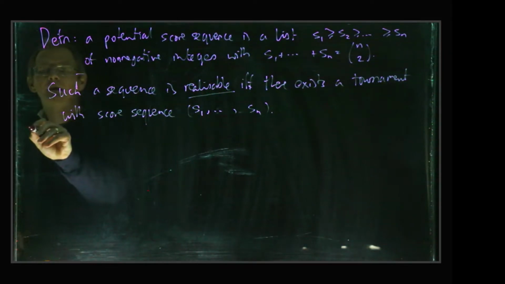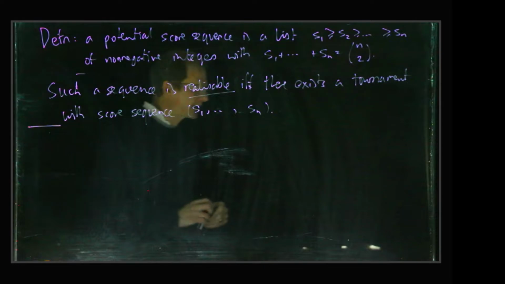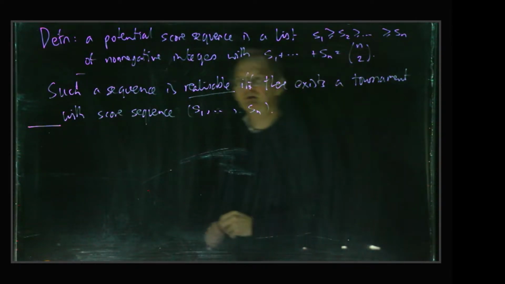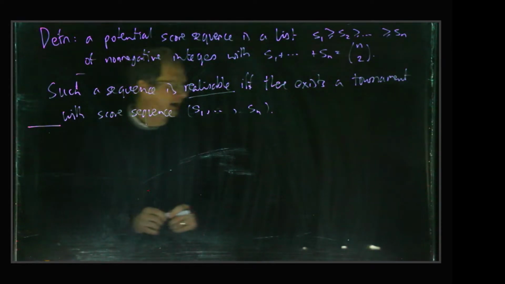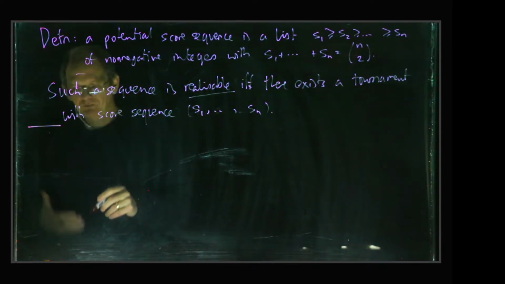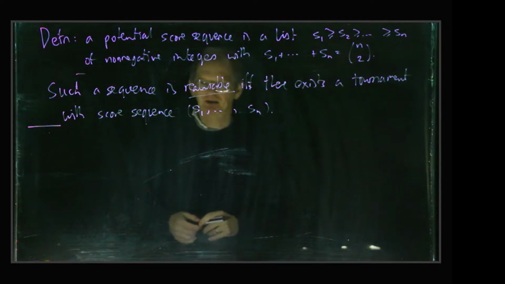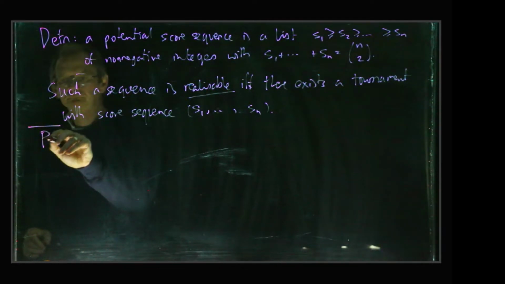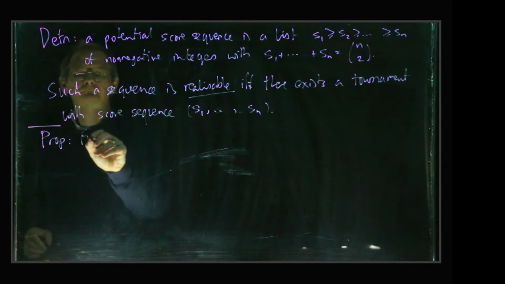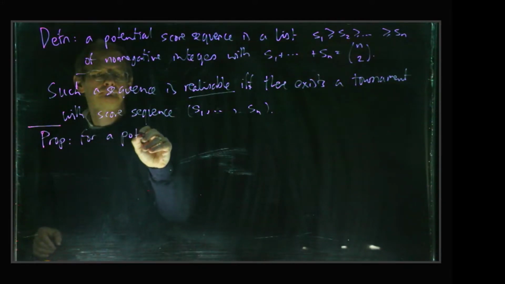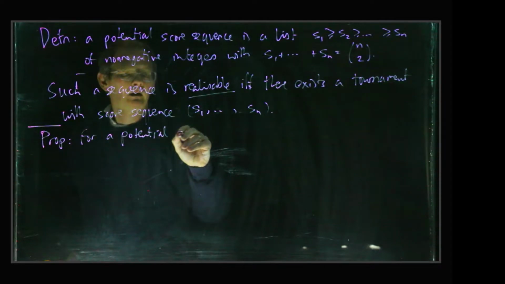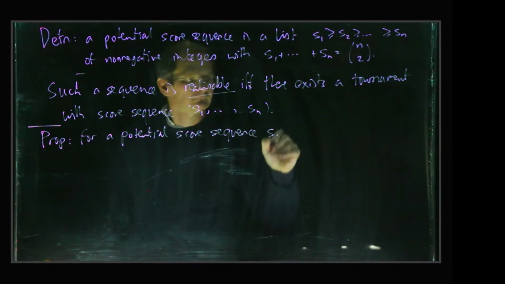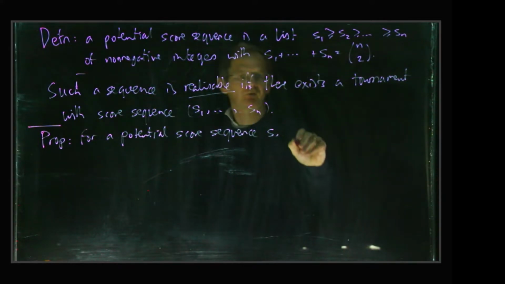Okay, so we want to understand a kind of plausibility criterion for when a potential score sequence should be realizable, and it turns out there's 4 ways to formulate the same condition. So we need to discuss that now. So for a potential score sequence S, the following are equivalent.